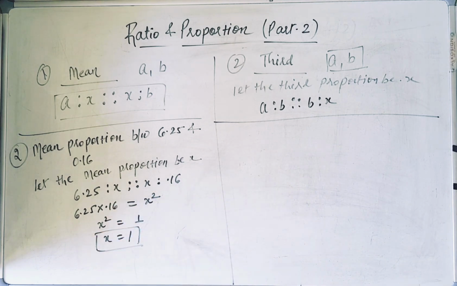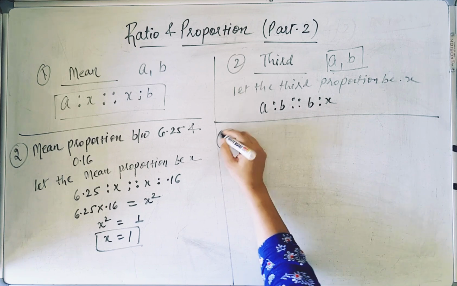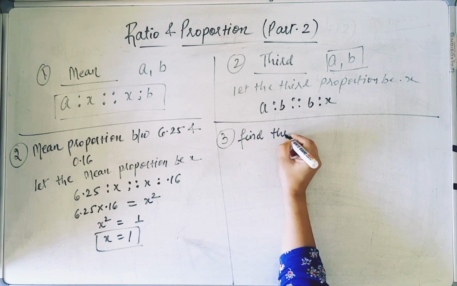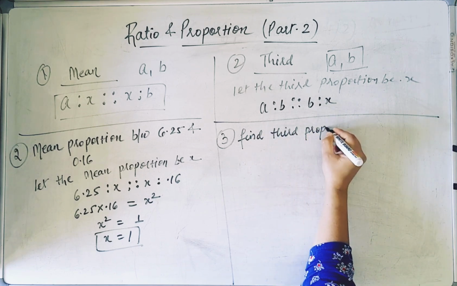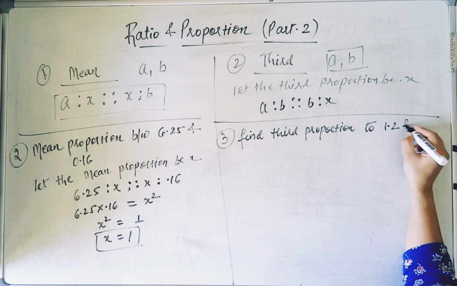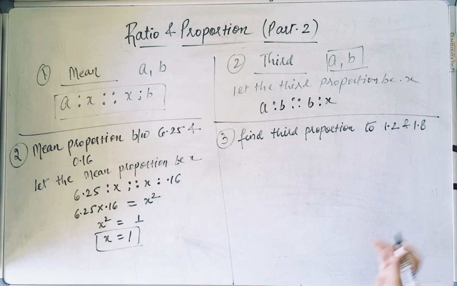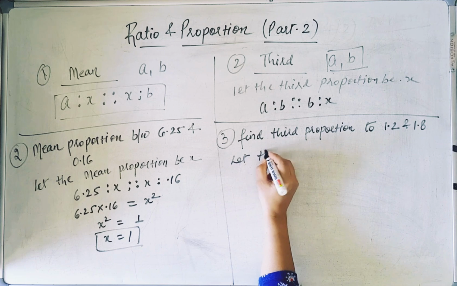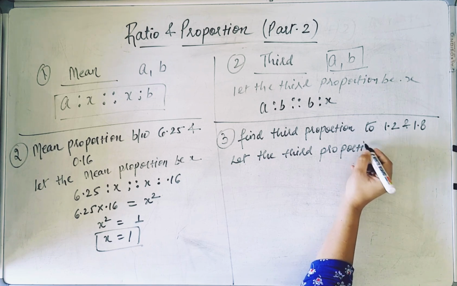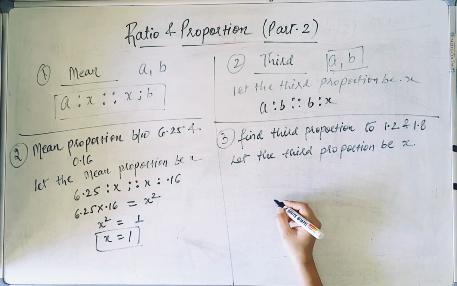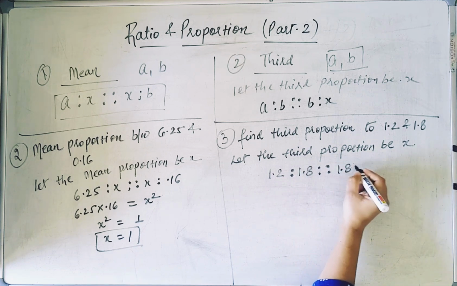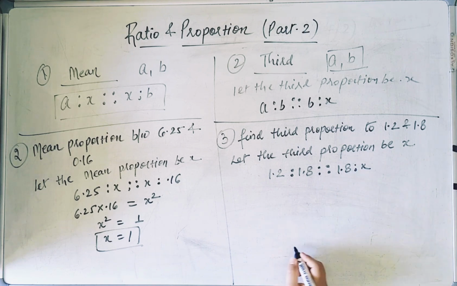This is the main concept. Now here, the third type of question: you have to find the third proportion to 1.2 and 1.8. What will we assume? Let the third proportion be x. Since the third proportion is x, the middle quantity will repeat, because it is in continued proportion.